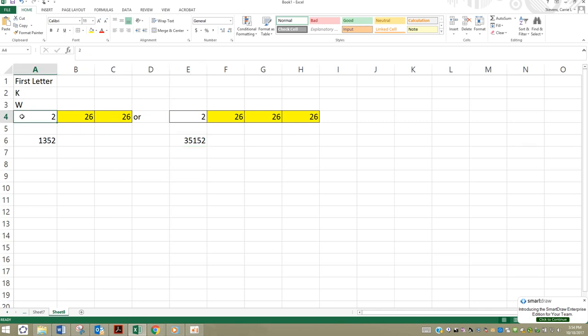And since this set has 3 letters and this set has 4 letters, there's not going to be any overlap, because all of these are going to be different just because of the 3 letters and 4 letters here. So there's no overlap. I can just go ahead and add these. I don't have to subtract off the probability of an intersection because the probability of that happening is 0.